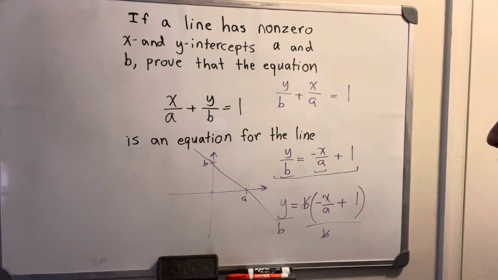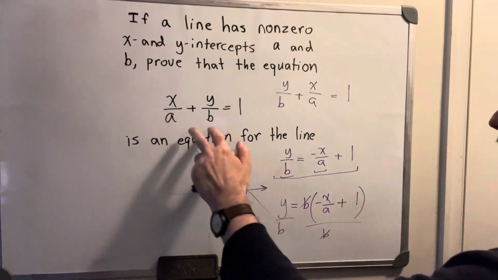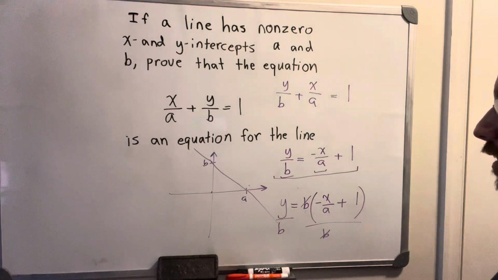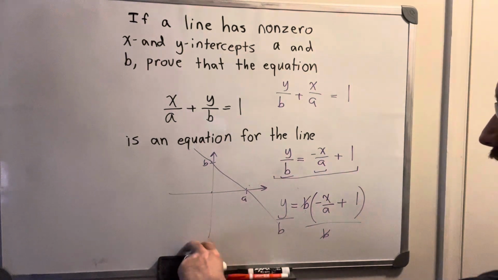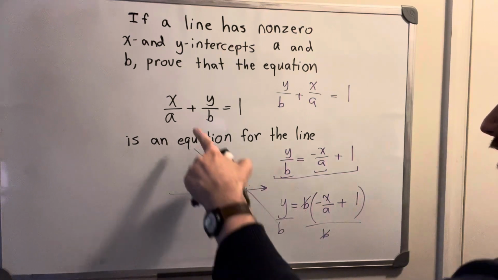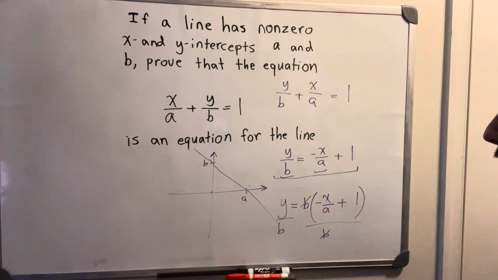So now we know three different ways to write lines. We have the point slope, the slope intercept, and the intercept form. One thing you could try is converting the point slope form into this form. I encourage you to try that.